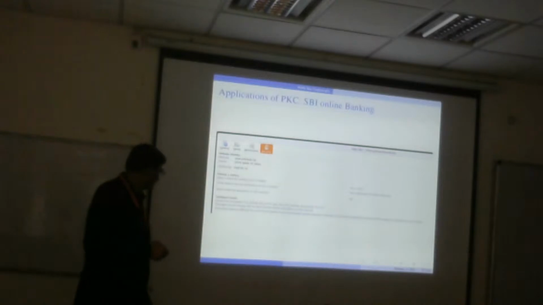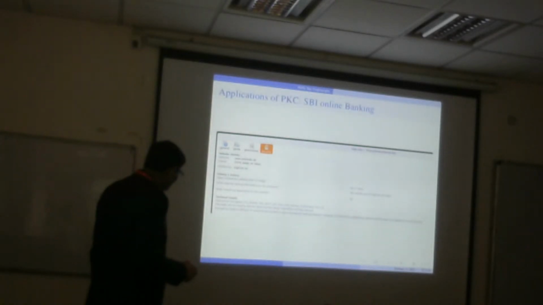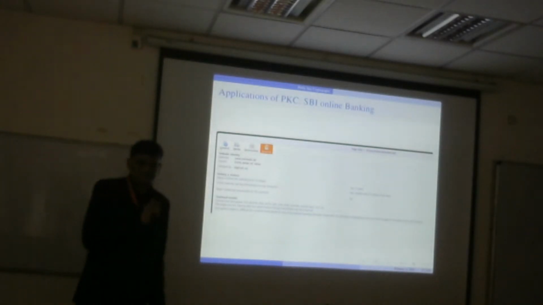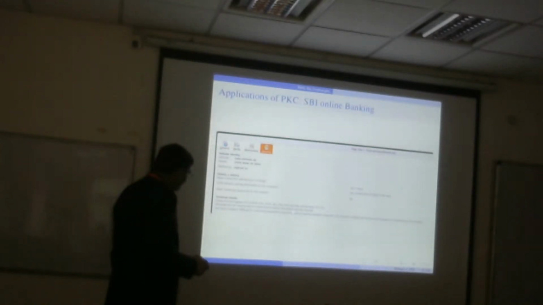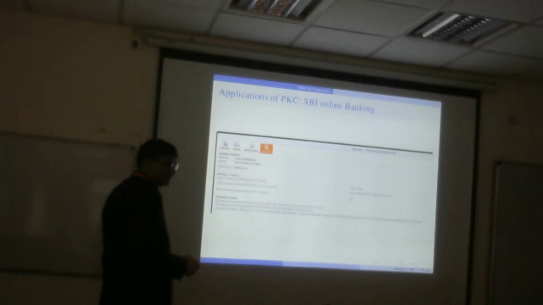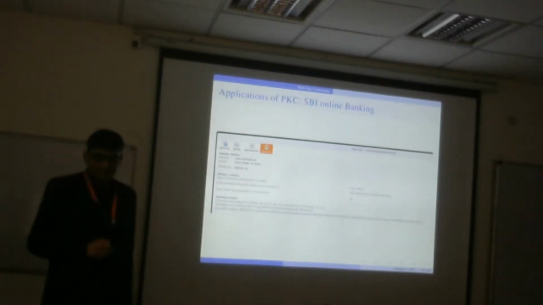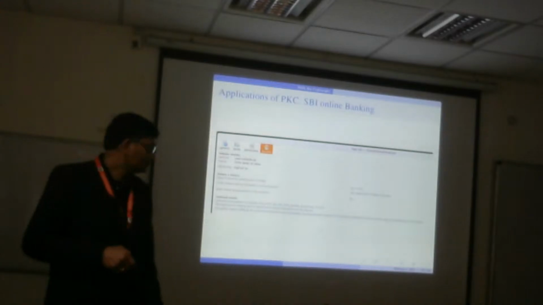AES 256 in Galois Counter Mode is used for encryption, and SHA 384 is used for data integrity.